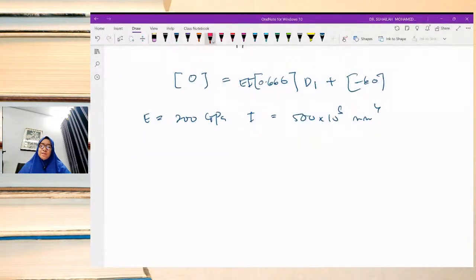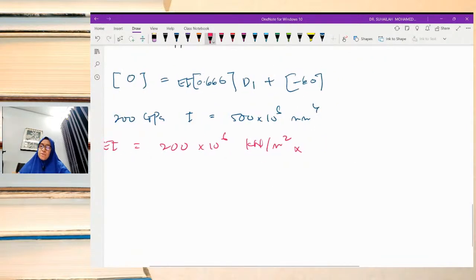Okay, so we have to convert EI equal to 200 times 10 to the power of 6 kilopascal. Kilopascal, because pascal is kilonewton per meter squared. And we have to multiply with 500 times 10 to the power of 6 times 10 to the power of milli, negative 3, to the power of 4.